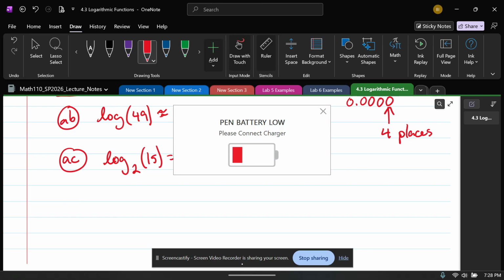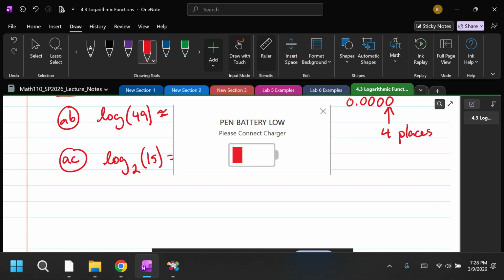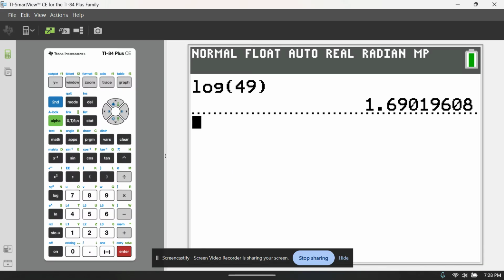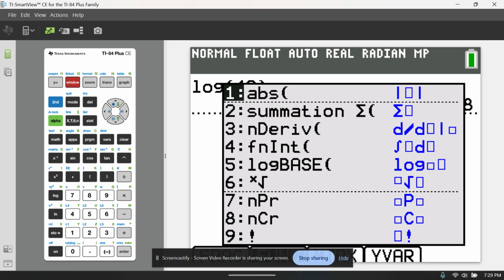So the calculator has a nice log base tool on that. To get there, you can hit alpha and window. So green button and then window, second one from the left there. Alpha, window, and the fifth option should be log base.